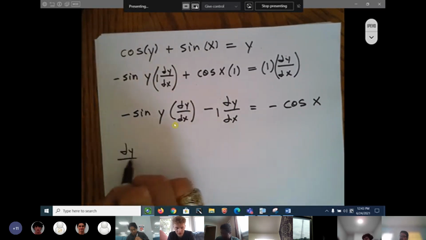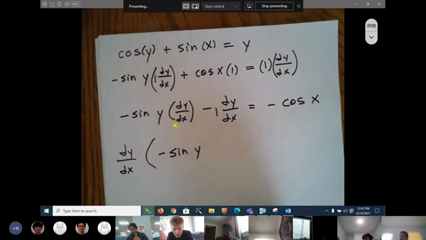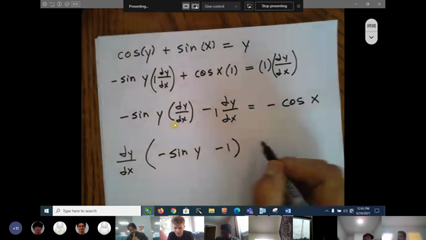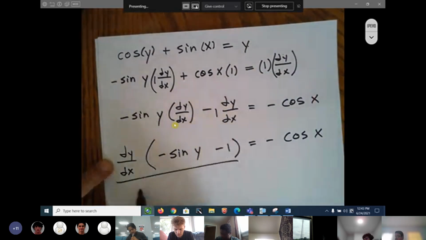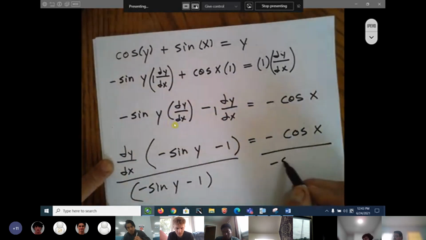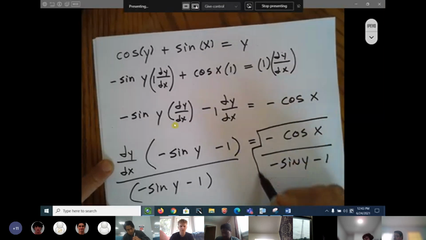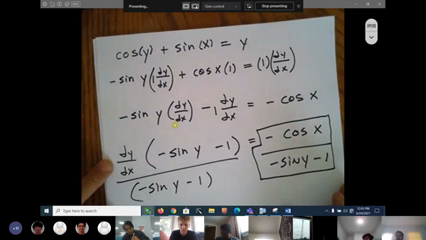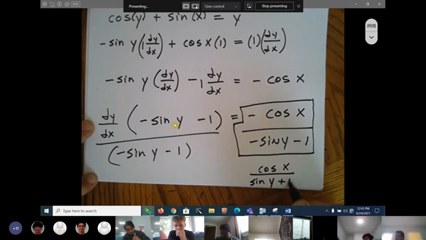Factor out dy dx. And that'll give us negative sine of y minus 1, divide by negative sine of y minus 1. Now you could factor out a negative 1 over a negative 1, and that would be cosine of x over sine of y plus 1.